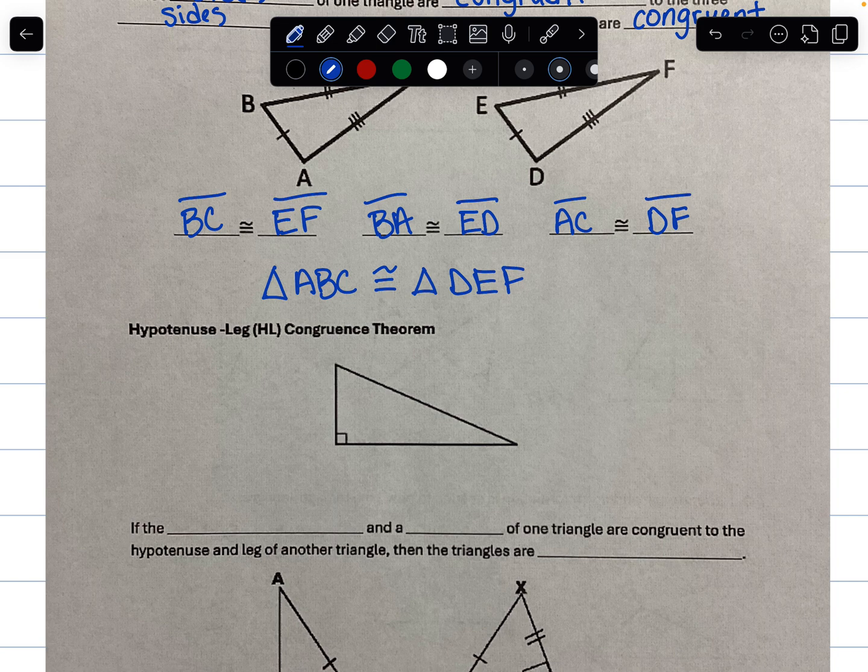Adjacent to, across from, like we have to know exactly where it's at, because there's one specific side here that's the hypotenuse. Adjacent means next to. So both of these would be adjacent, so how would you know then which one's the hypotenuse? Across. Always across from the right angle is your hypotenuse.